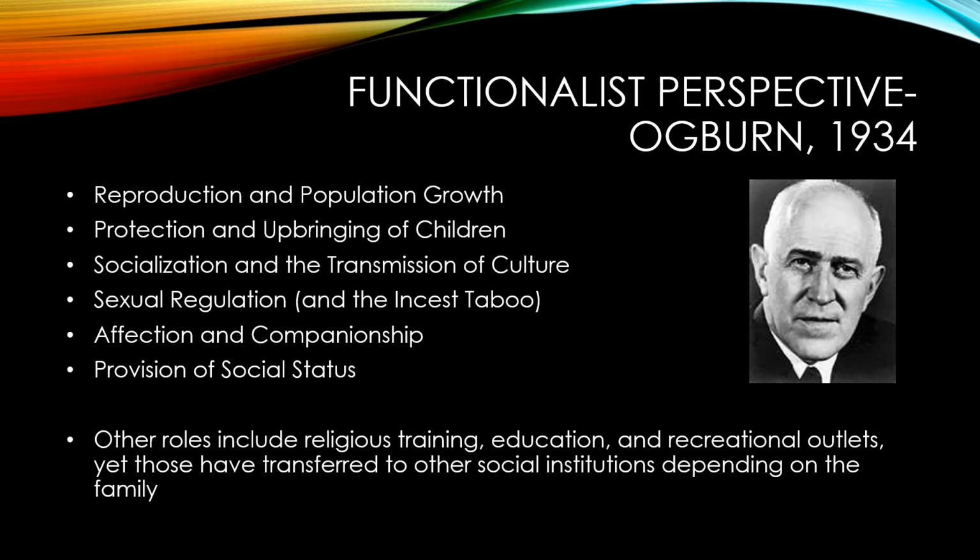The first one, similar to when we were examining societies and their functions and how to make them continue, is reproduction as well as population growth. You have to replace your dying members in your society and in your family. So one of the functions of the family would be to reproduce.